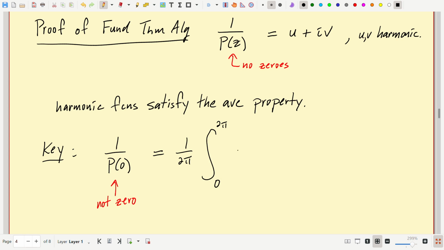So that would be u of r cosine theta, r sine theta, plus the imaginary part of v of r cosine theta, r sine theta, d theta. That just means take the real and imaginary part of that and calculate those integrals.